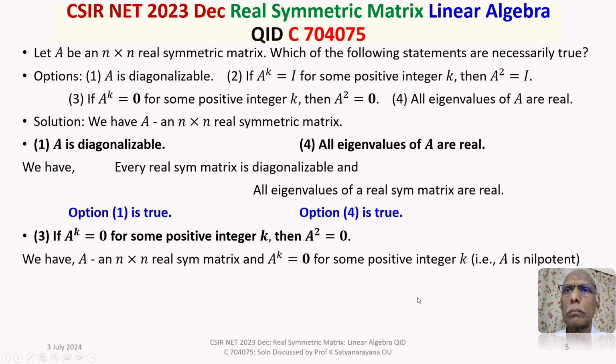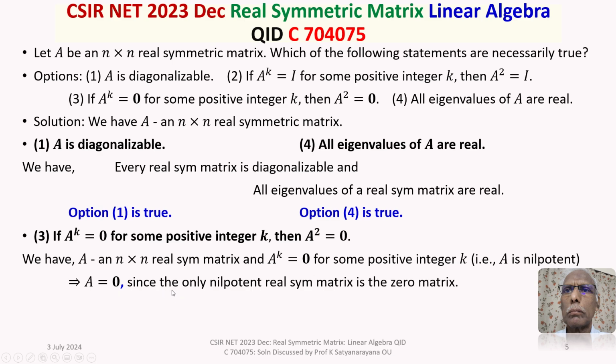And recall the result that A is 0. How? The result we are using is that the only nilpotent real symmetric matrix is the zero matrix. It is a real symmetric matrix and it is nilpotent, so it is the zero matrix only.